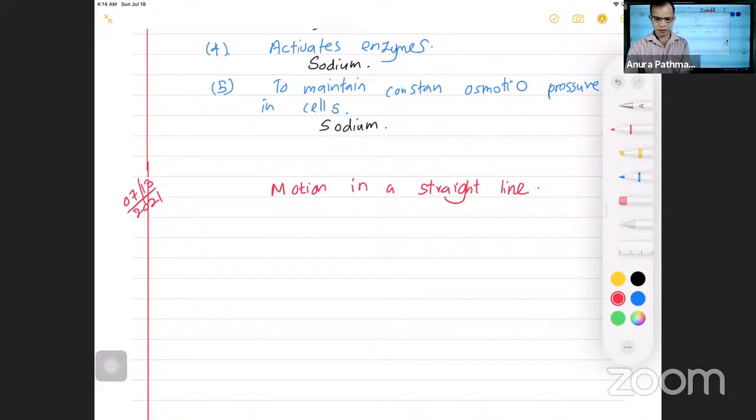My first question, distance and displacement, question number 1.